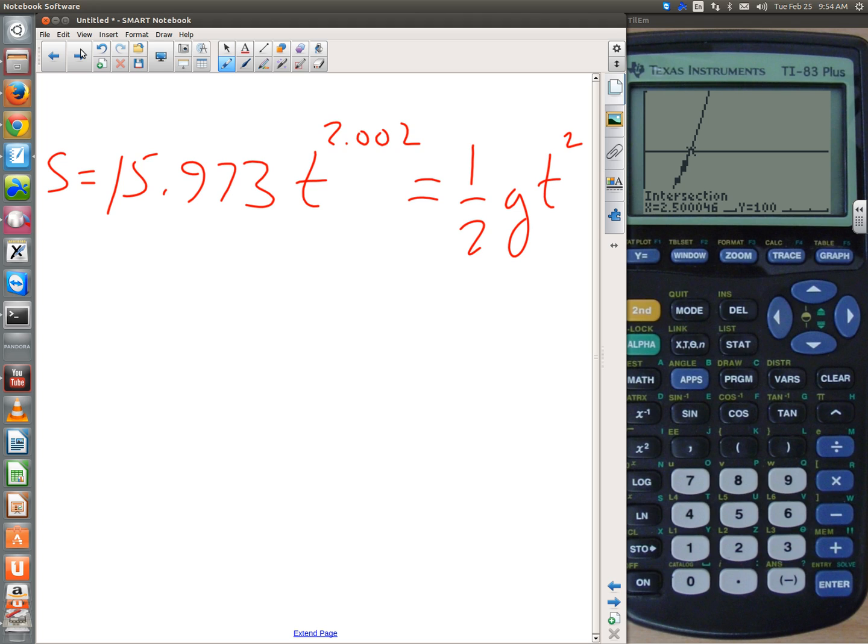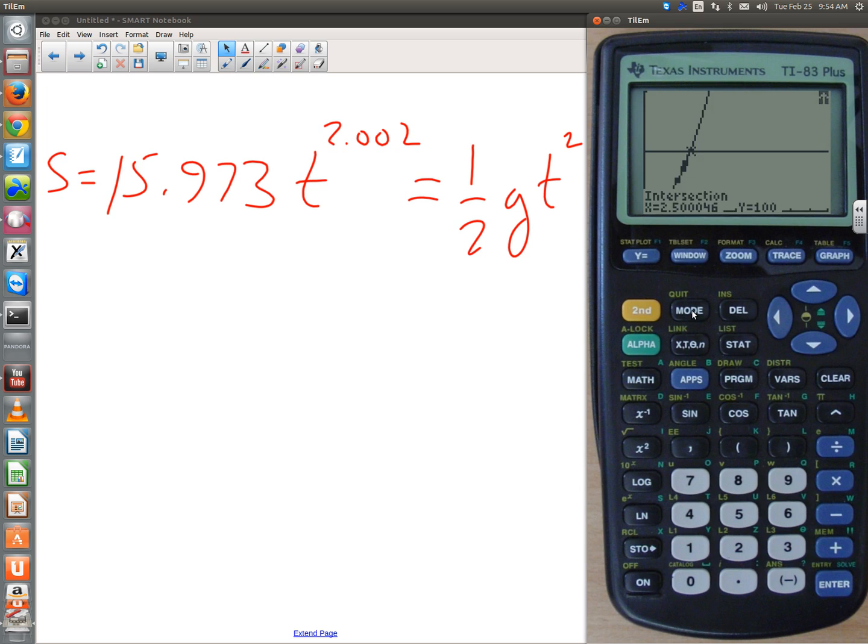But how do you get it? How do I get g? Solve for g. Now remember, it's an estimate. This says t squared. This should say t squared. There's a little bit of round-off error. So pretend that the t squareds cancel. How do you get g? Multiply that 15.973 by 2, right? Okay.